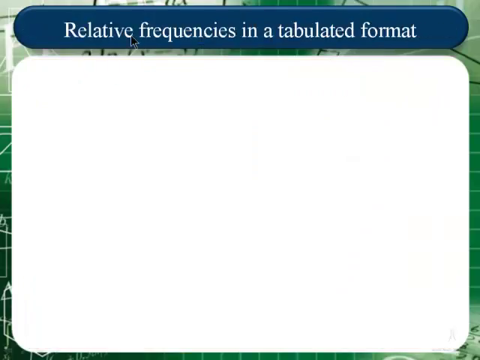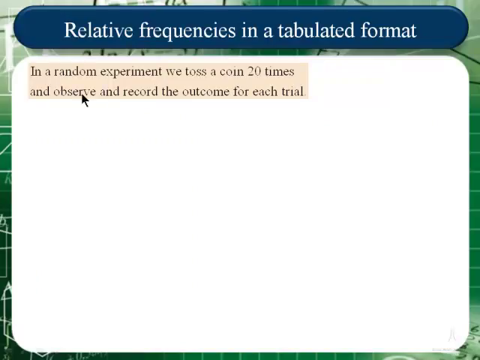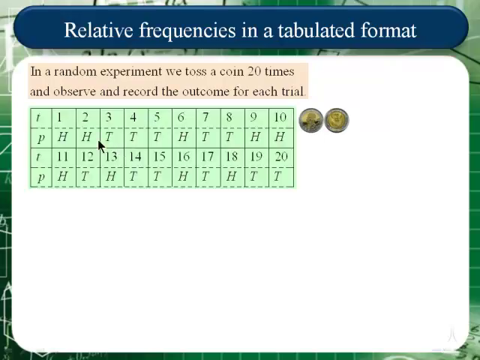Let us look at relative frequencies in a tabulated format. Consider a random experiment in which we toss a coin 20 times and observe and record the outcome for each trial. So we have a coin and we can either obtain a head or a tail.